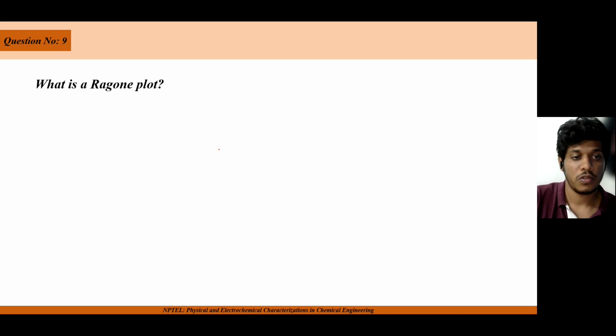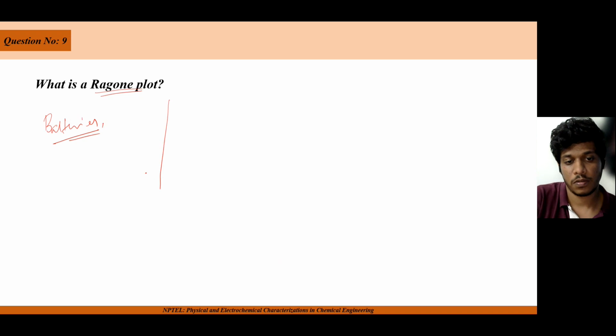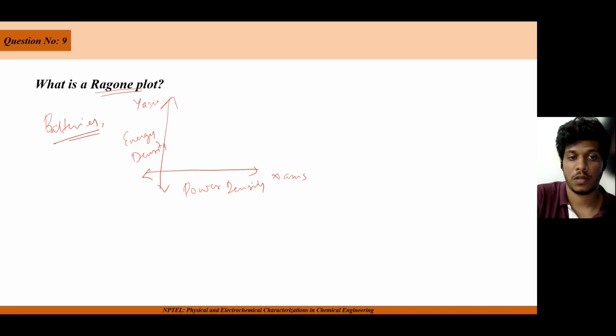What is a Ragone plot? This is a very fundamental plot that you would come across in the research of batteries or any other energy storage devices. A Ragone plot is a two-dimensional plot with energy density on one axis and power density on the other.